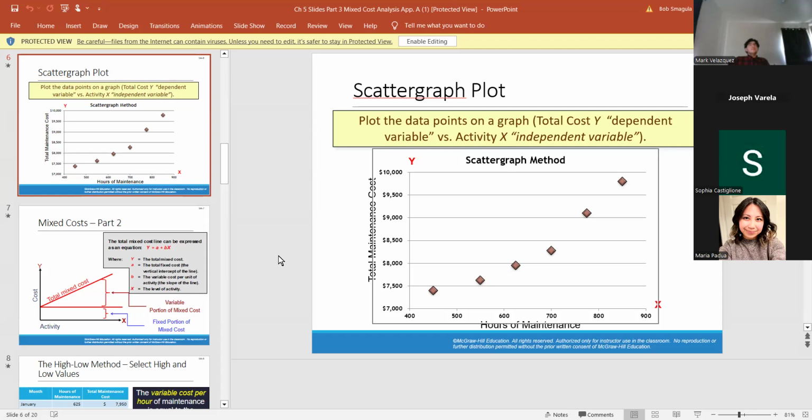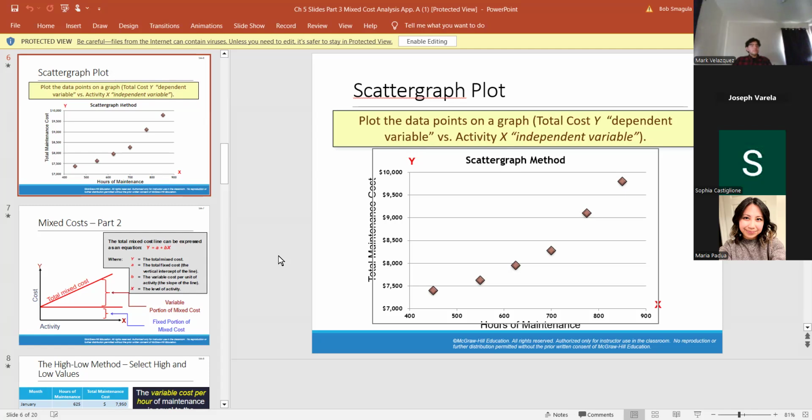Now, obviously, a scatter graph is not the type of tool they use at NASA to land a rocket on the moon. You need something much more exact. But the scatter graph is kind of fun. If you're stuck on a problem with a mixed cost, maybe put together a quick scatter graph.